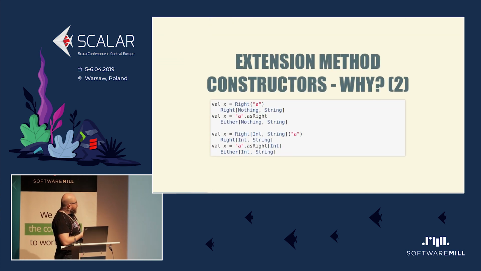The other thing that's useful is that for Eithers at least, you don't have to define as many types. So if you look at the bottom again, you will see that this definition requires you to input both types, because that's how Right is constructed.